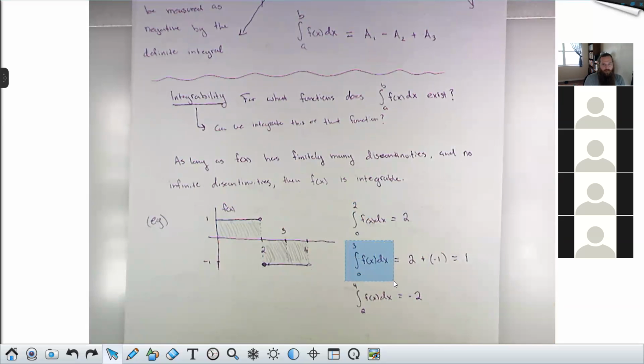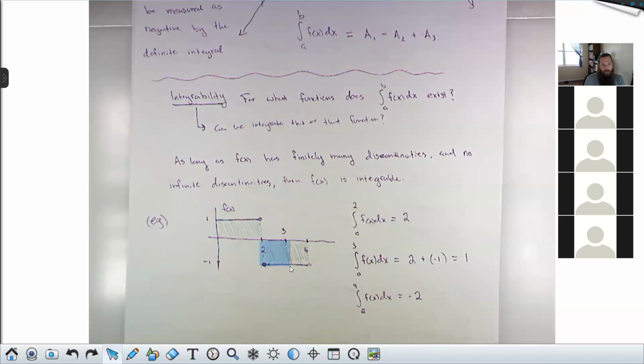The integral from 0 to 3 of f of x dx, that means I want to find all the area bounded by f of x and the x-axis from x equals 0 over here to x equals 3 right here. That means I'm looking for all the area enclosed here. Part of that is above the x-axis. That's this piece, which we just said a second ago was 2.